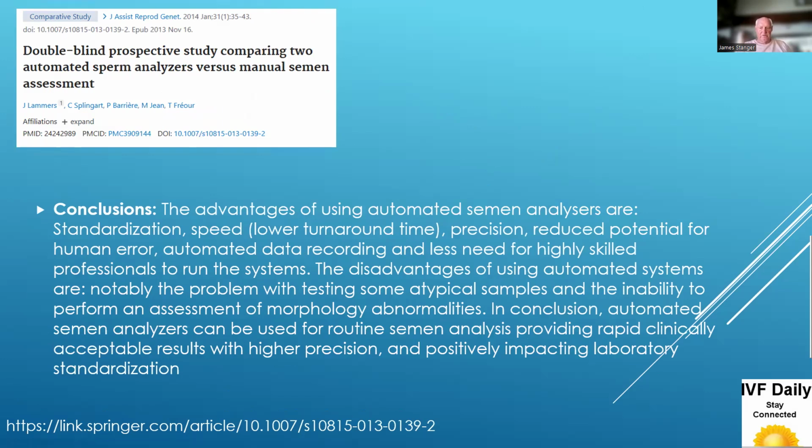The disadvantages of using automatic systems are notably the problem with testing some atypical samples and the ability to perform assessments of morphological abnormalities. In conclusion, the authors stated the automated semen analysis can be used for routine analysis, providing rapid, clinically acceptable results with high precision, and may positively impact laboratory standardization.